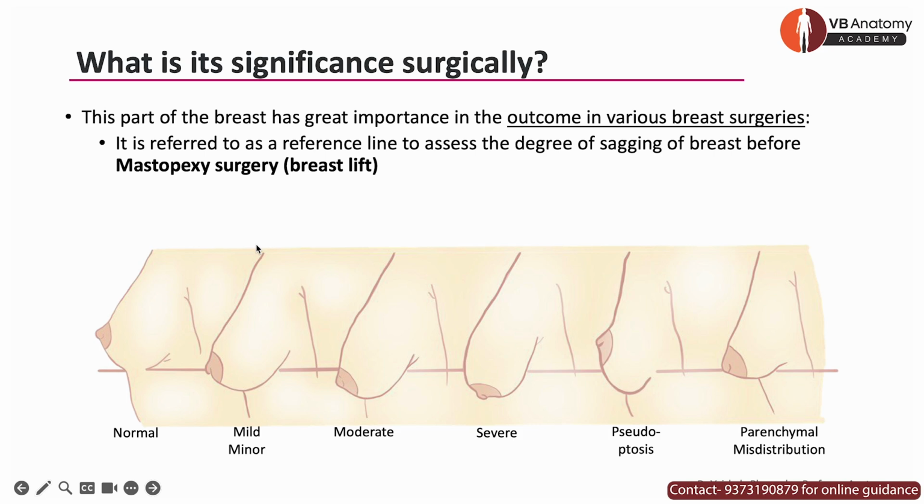If you're doing a surgery like mastectomy or breast lift, then this line is often used to decide the classification of the level of breast ptosis, or the level of sagging of the breast. The image is self-explanatory. You can take a look at it. So this inframammary fold is important in the outcome of various breast surgeries.